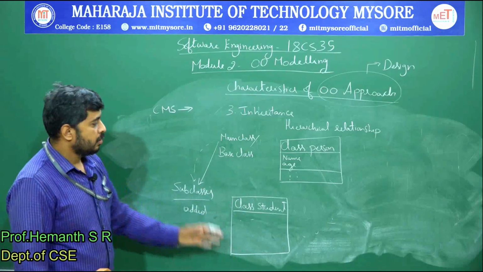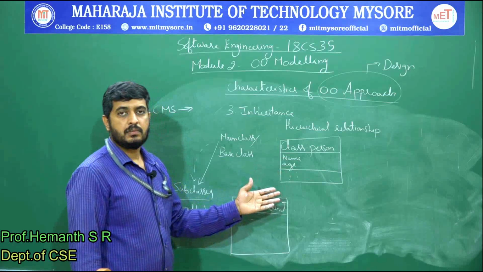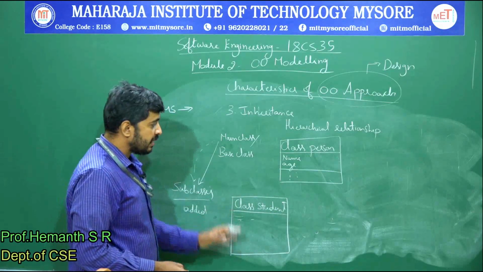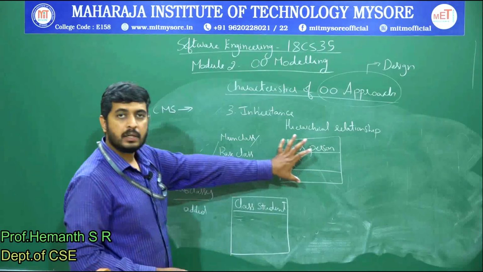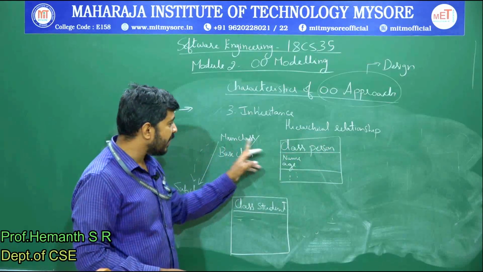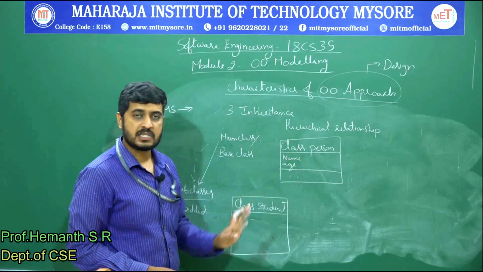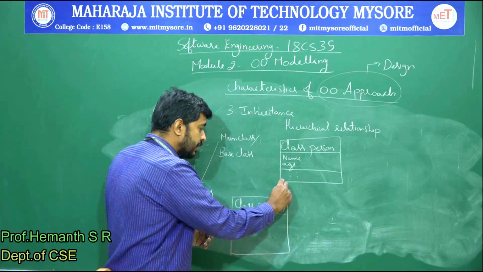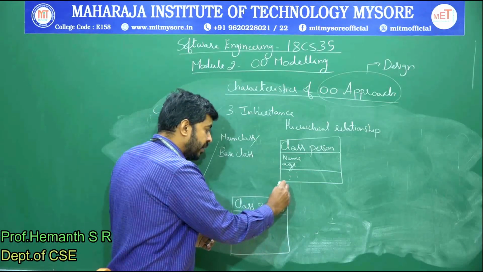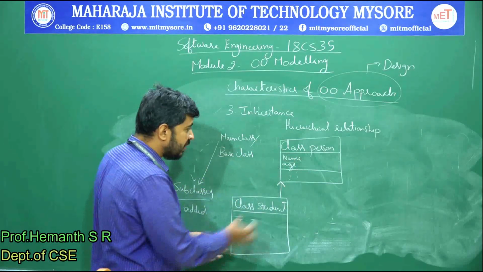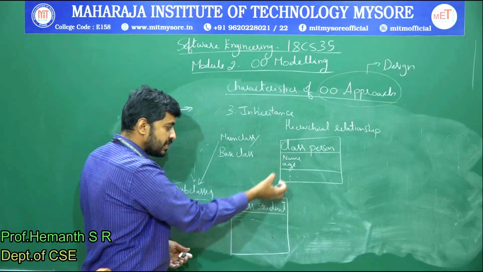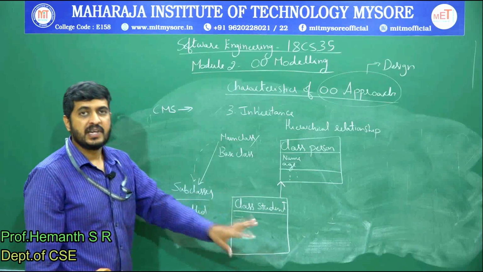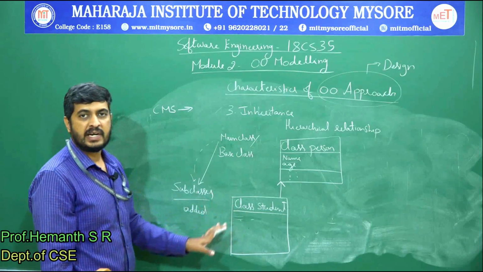Students will have name, age, but I am not writing it once again here, because it has already been mentioned in the main class called class Person. Instead I will copy these attributes from the main class, and a few things that need to be specifically added here in the subclass, I will be writing.